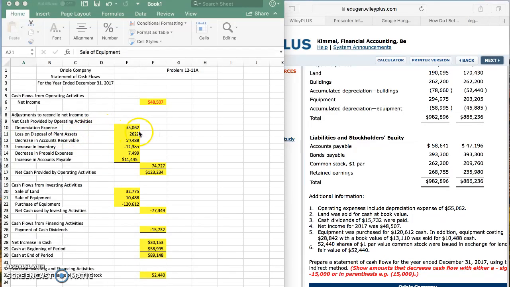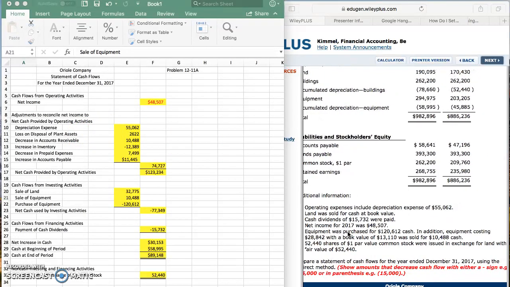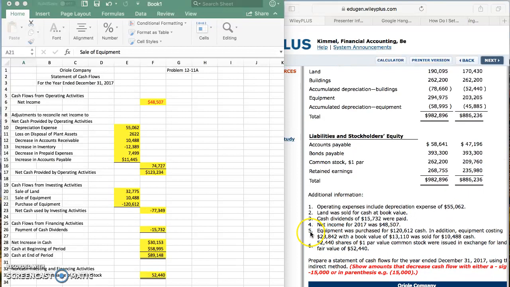We figure that loss because in 5, in the last part of 5, it says, in addition, equipment costing $28,842 with a book value of $13,110 was sold for $10,488 cash.